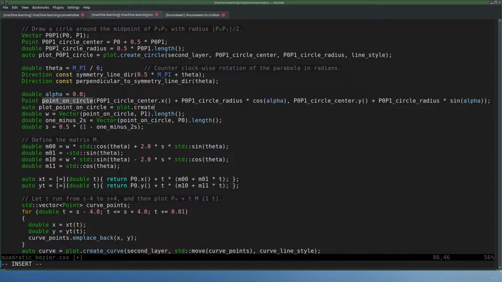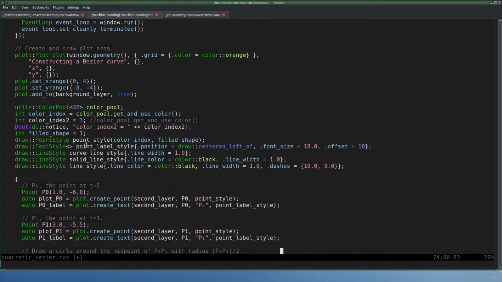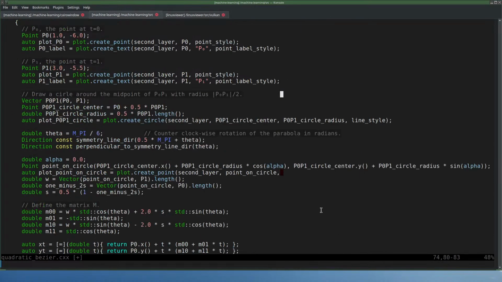Plot dot create point. Second layer: the point that we want to plot, and the plot style, the line style. Curve point style probably.